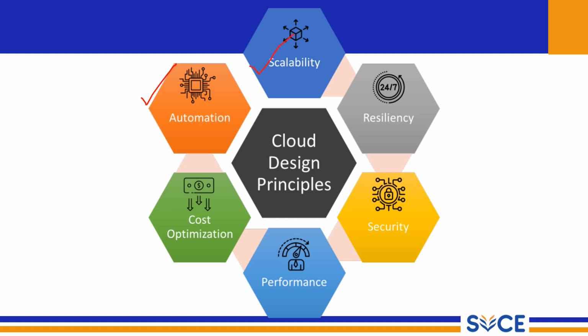Automation: in cloud computing, the tasks you perform will be automated. Scalability: based on the resources available, you can expand infinitely, that is scalability. And resiliency is nothing but the base which is available 24/7.